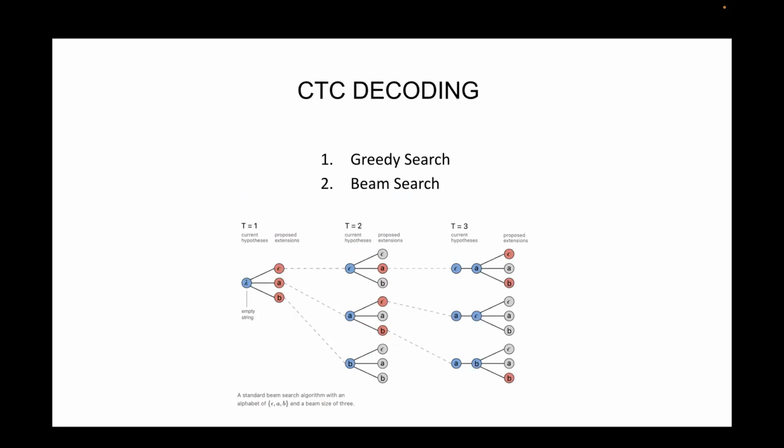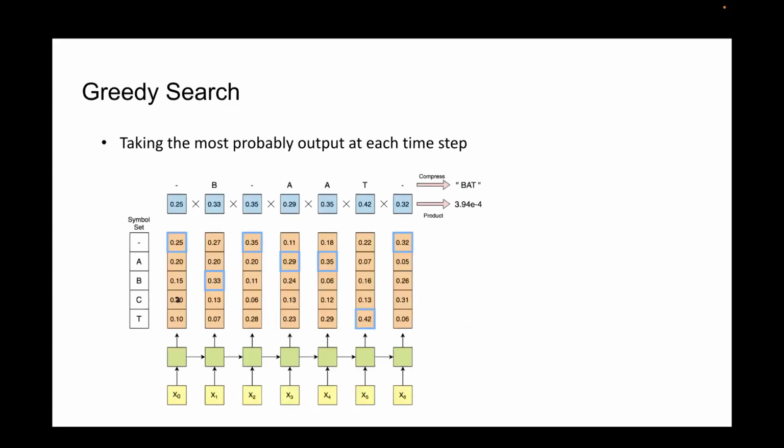Now that you have your final logits ready, there are two techniques to perform decoding. One is greedy search and one is beam search. I'm not sure if the Prof has covered it in class yet, but if so, just follow the lecture slides, they'll be very helpful for greedy search and beam search.